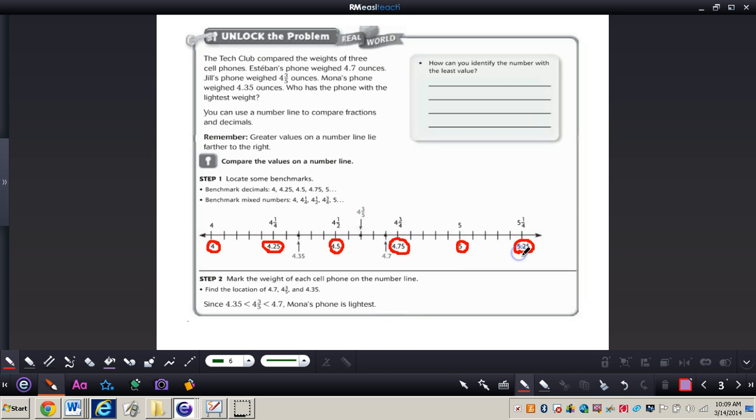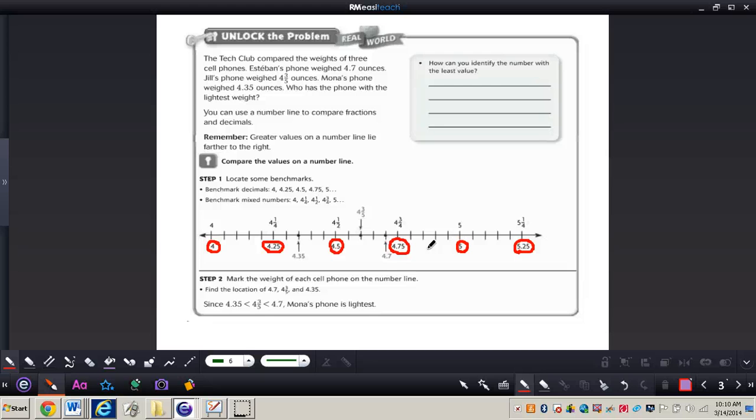Now, what makes those decimals benchmark decimals is that they line right up with benchmark fractions, or benchmark mixed numbers. So 4 just is the whole number. 4 1/4, 4 1/2, 4 3/4, 5, 5 1/4. So whenever we say benchmark fractions or decimals, those are just some pretty standard decimals or fractions that you would use when you're even talking in just normal conversation.